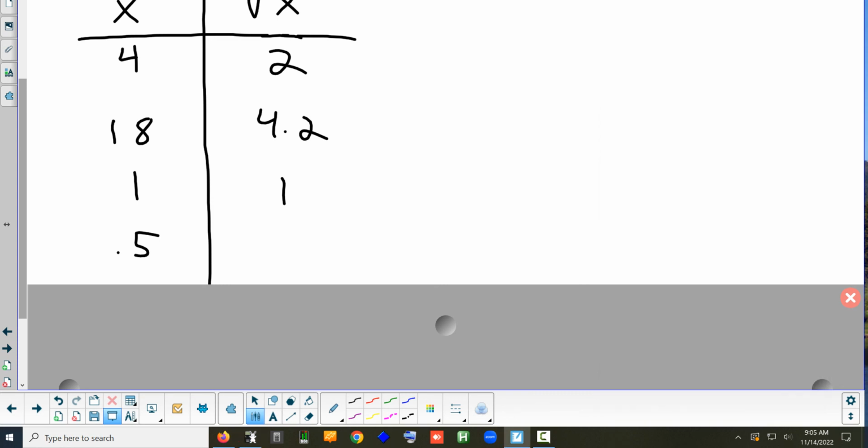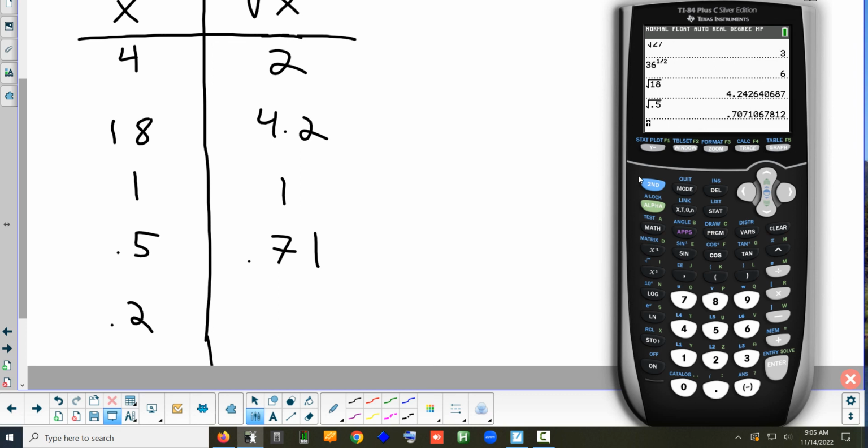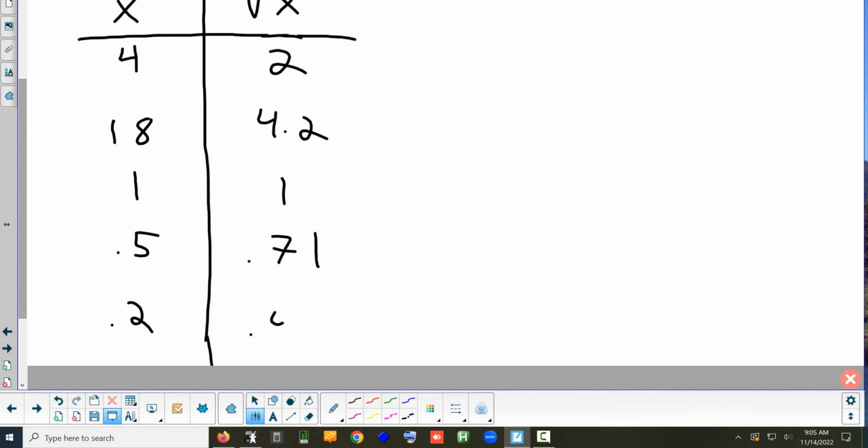What happened that time? It got larger. And if we do the square root of 0.2, that is also going to get larger. It's about 0.45. So the answer as to whether a square root gets smaller or larger, well, it depends. Depends on what number you're taking the square root of.